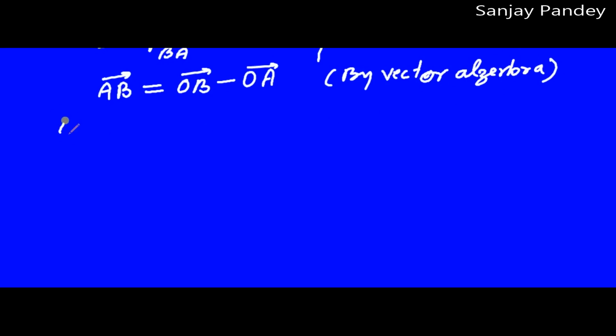That is, vector r is equal to r2, the position vector OB, minus r1.